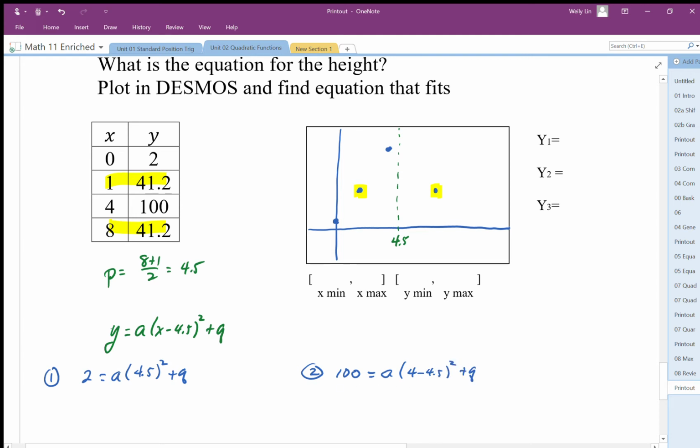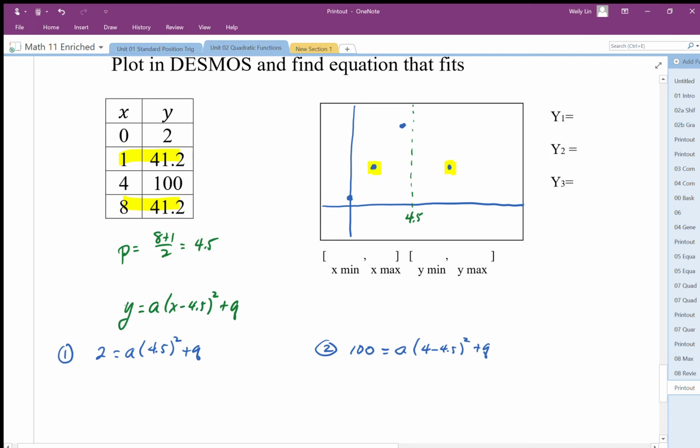So then we can work this out. 4.5 squared is 20.25. So we end up with 2 is equal to 20.25a plus q.